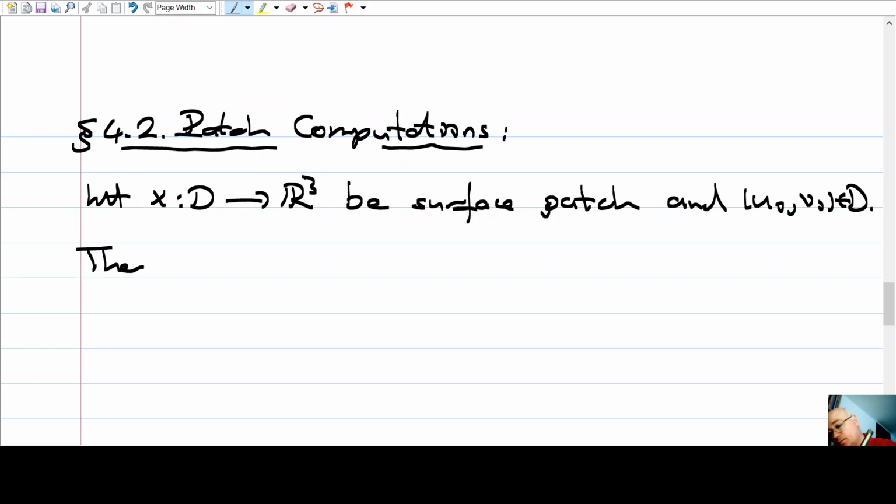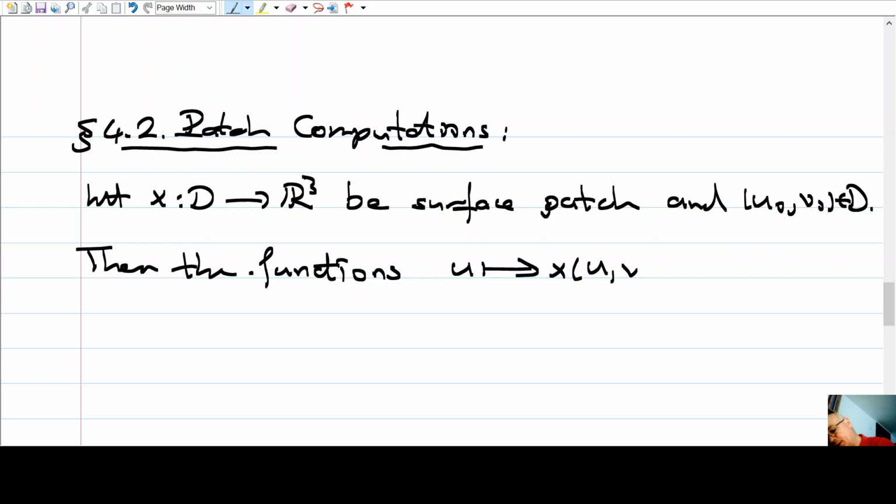Then the functions, actually, these functions, sending u to the following curve: I keep the second coordinate fixed, just change the first coordinate. So this defines a curve in 3-space, and this function v is mapped to X of u0, v.